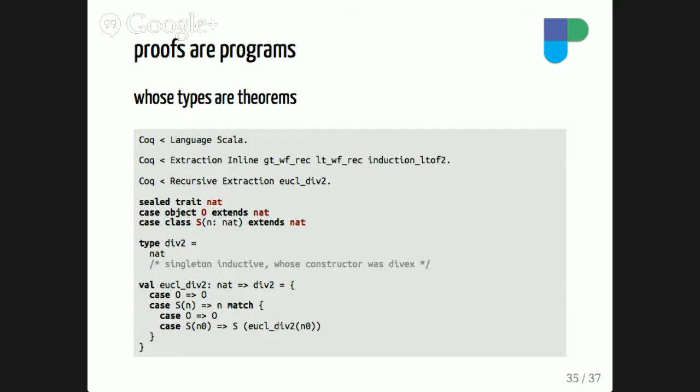sometimes you can go from code to another language that is not as powerful, but you can actually focus on the computation. So from the isomorphism, you can say, oh, please extract from the proof of the Euclidean division something in Scala, and you get something like that.